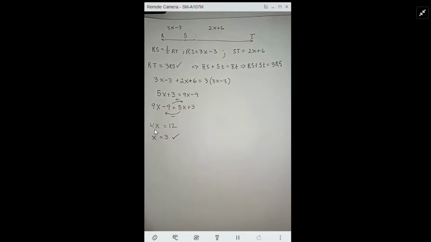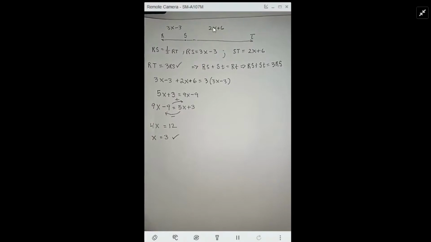Here I could have divided both sides by 4 and gotten 3, but we know 4 times 3 is 12. So that works. I back tested it. I checked it, and it checked out. To check it, I plugged it in here, here, and here.